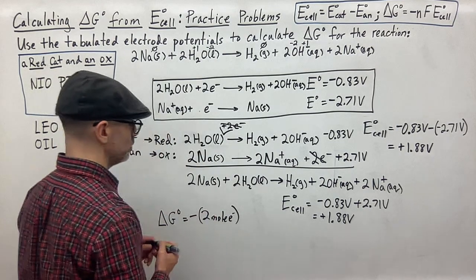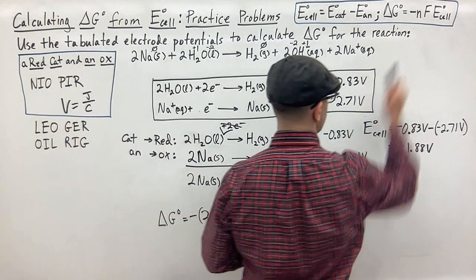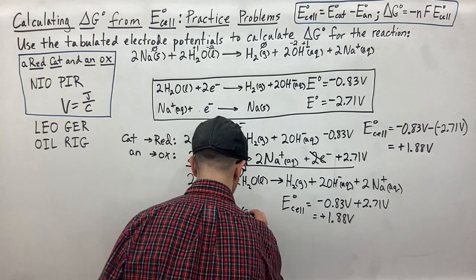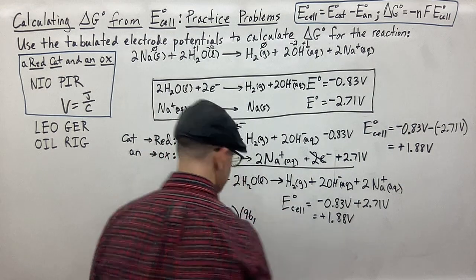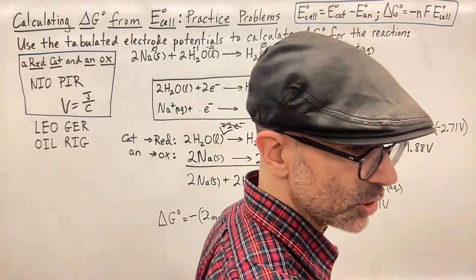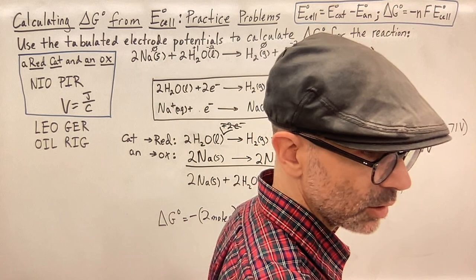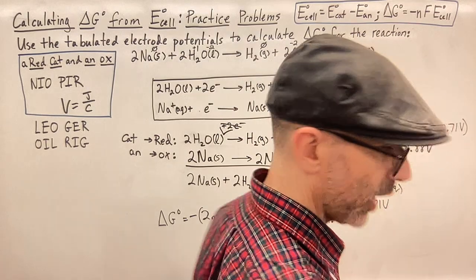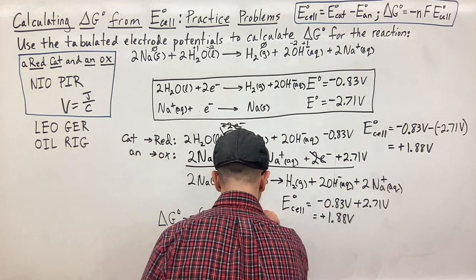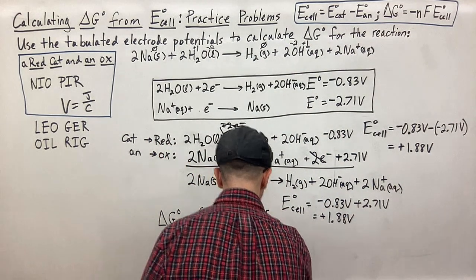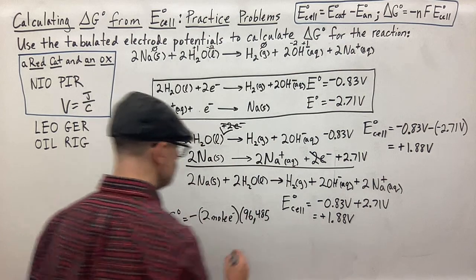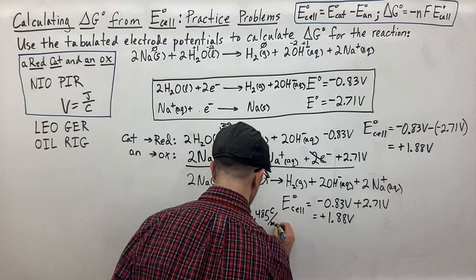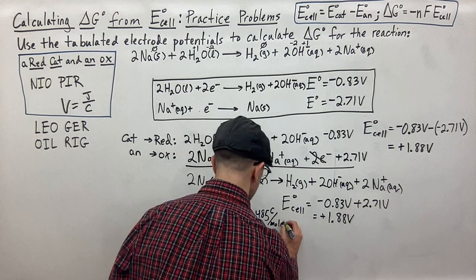And then we're going to multiply that by Faraday's constant. So that's going to be 96,485 coulombs per mole of electrons.